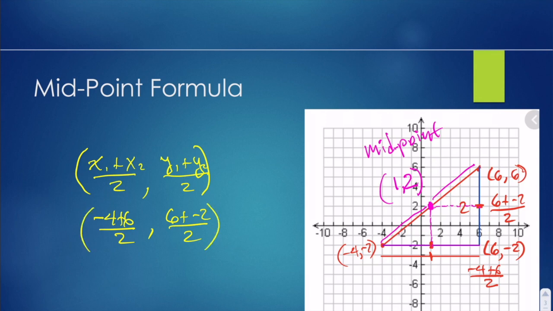And that gave us 2 over 2, comma, 4 over 2. And that came down to 1, which is 2 over 2, and 2 as my midpoint coordinate.